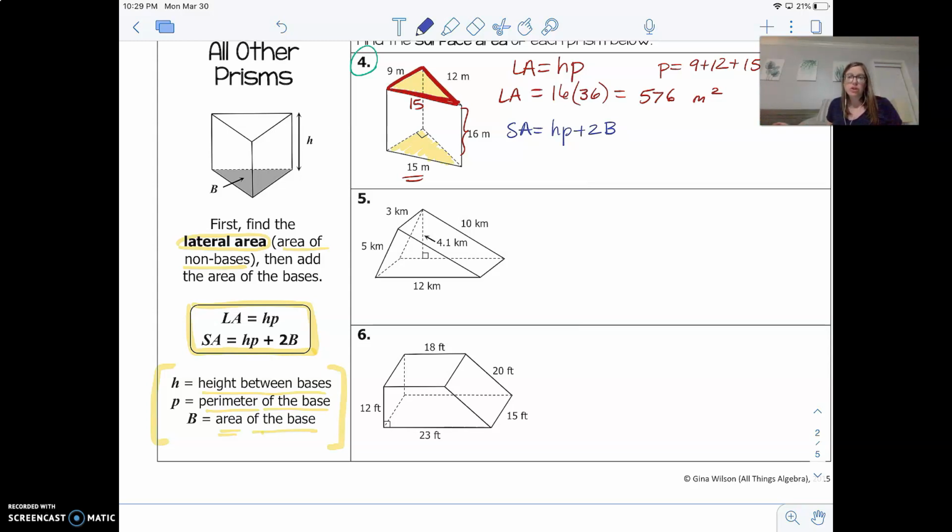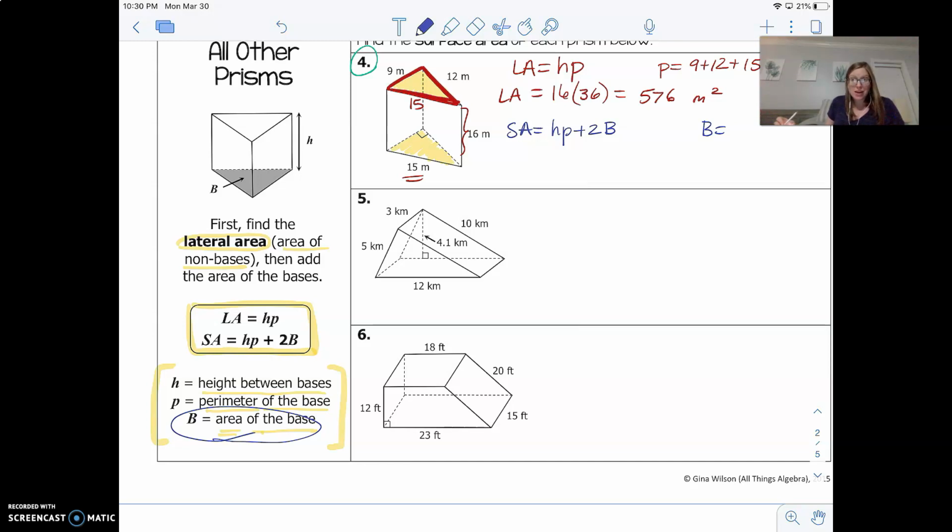Okay, so you already know H and P. What we don't know is the capital B. So you want to identify what that is. First of all, it stands for area of the base, right? Like we said down here, area of the base. So what kind of base is this? Well, it's a triangle. Okay, so how do we find area of a triangle?